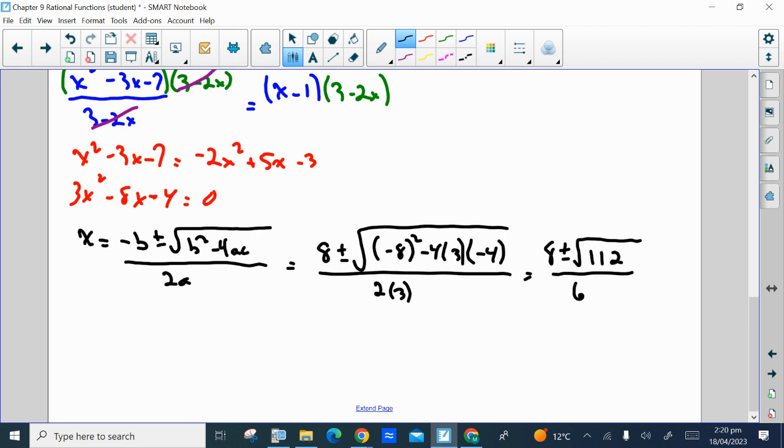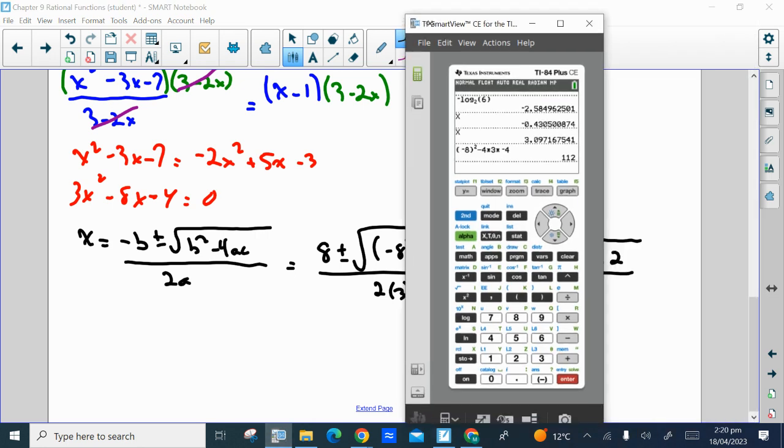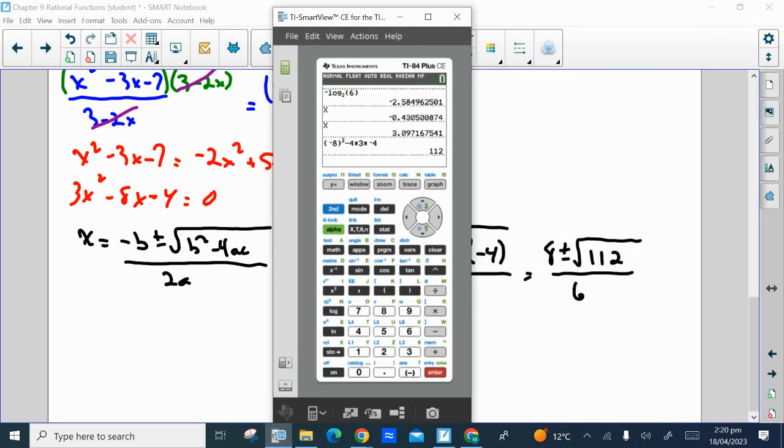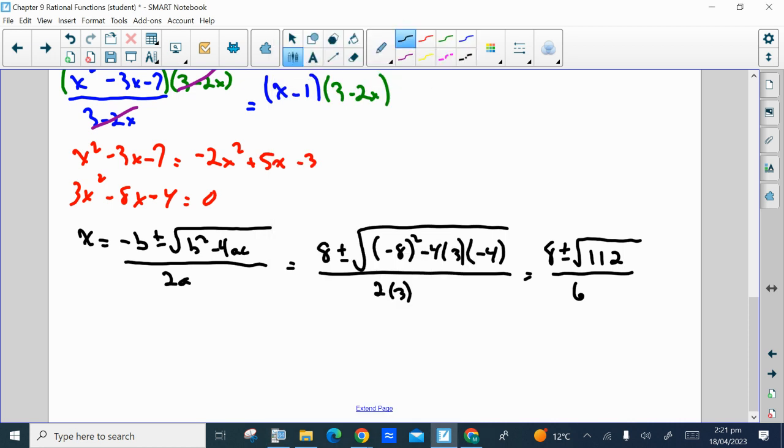And that can certainly be reduced. 112 is divisible by 4. I think 28. Yeah, which is also divisible by 4, which means the original number 112 could also be divided by 16. Yeah, root 16, root 7.